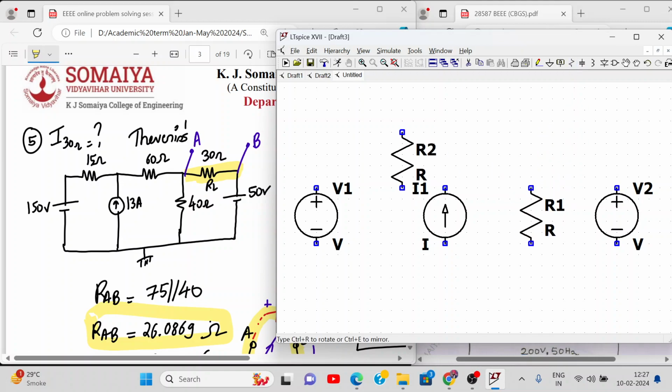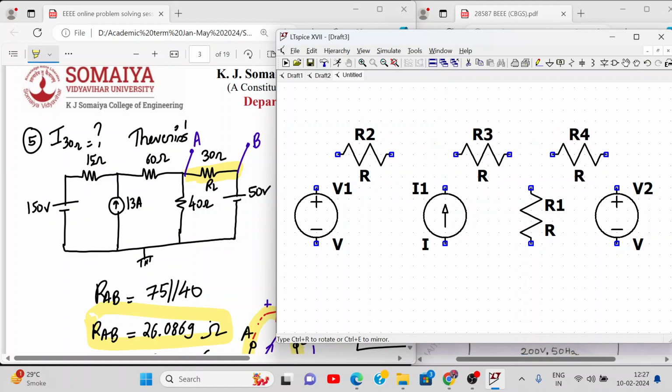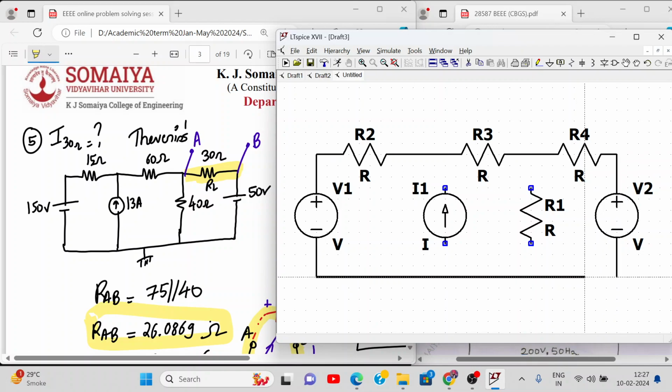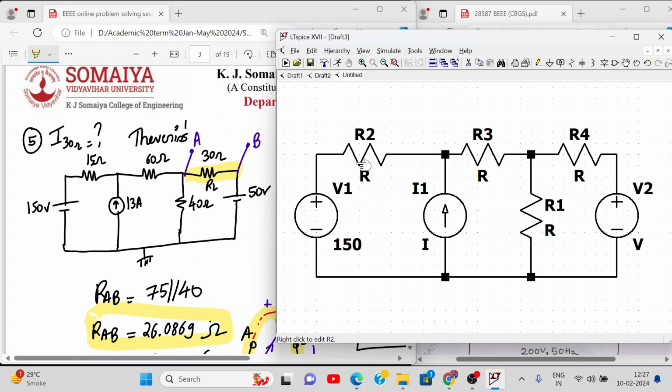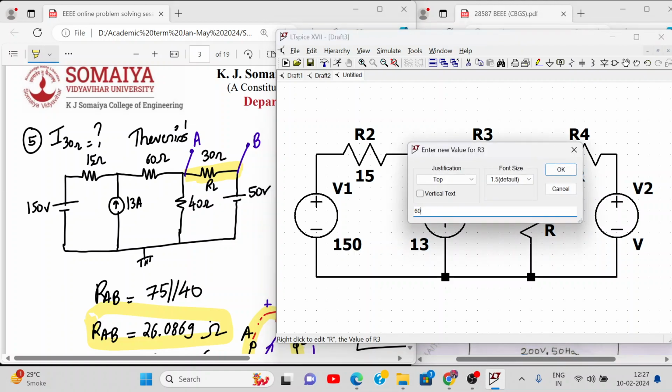This is 1, 2, 3. I'll directly find the current through the 30 ohm resistance here. So your simulation software is calculating directly the value of current through any resistor. This is 150. This is 13. This is 60.